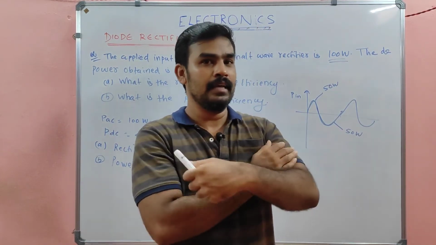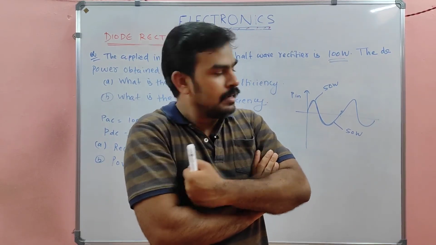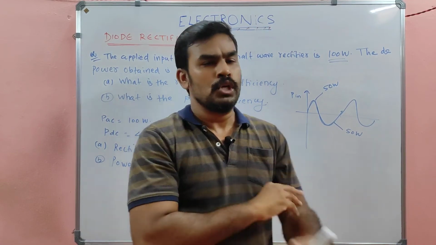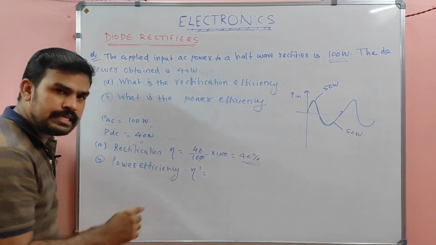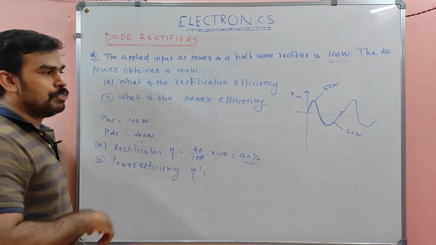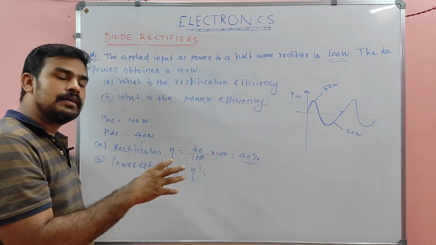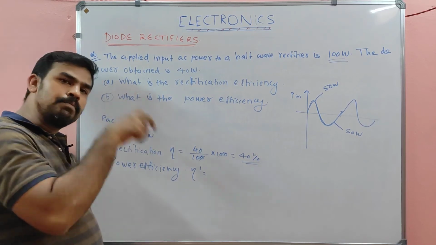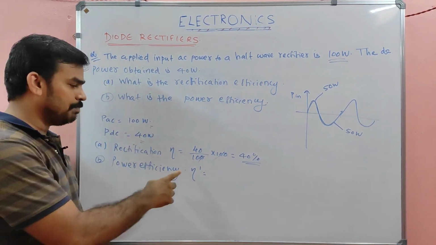So the diode will simply look at that negative 50 watt and simply reject it. So the term power efficiency is nothing but, my dear, the power output from the diode to the power input to the diode. That is called the power efficiency.